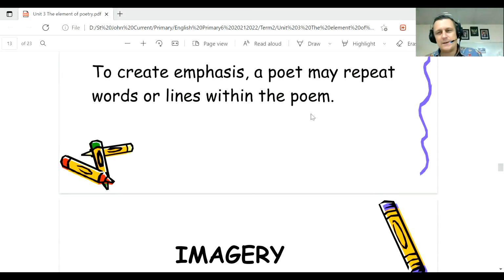Like when Martin Luther King, it's not a poem, but I try to keep making references to it because it's such a wonderful use of language. When Martin Luther King says, "I have a dream that one day," I'm not good at memorizing speeches, but yeah, that one day a black child from this state can go to the same school as a white child from that state, and so forth.